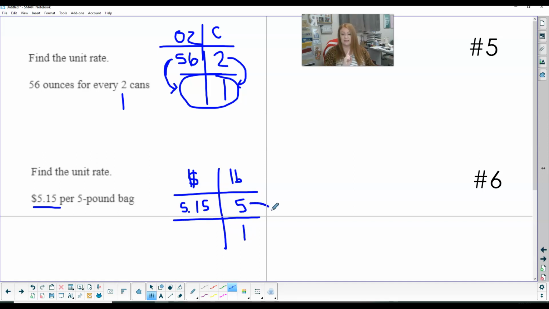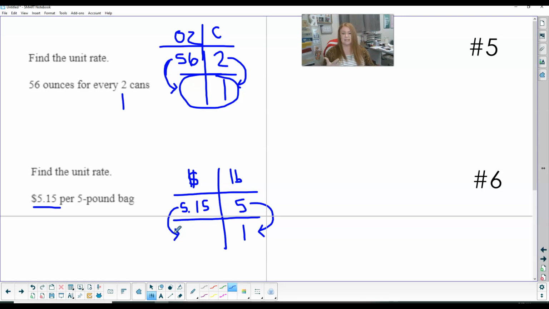So how do I get from 5 to 1? And I'm going to do the same thing on the other side. So I can still use that table and do the same thing. And I could put that 1 on top too. How do I get from 5 to 1? It just was easier for me to put it on the bottom.